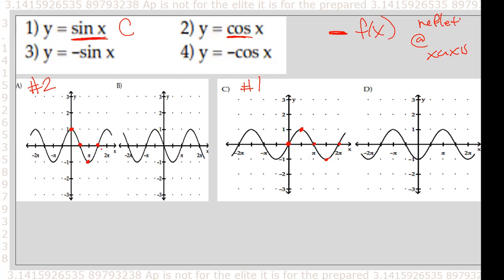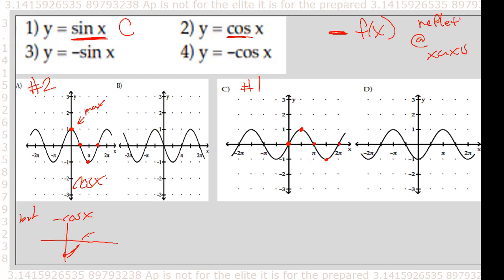Meaning if something was at its max, in its reflection it would be at the minimum. We agreed that this one was cosine originally, but if it was negative cosine, now it would be at a minimum instead of at its max. And everything else would follow. Everything would be reflected about the x-axis.